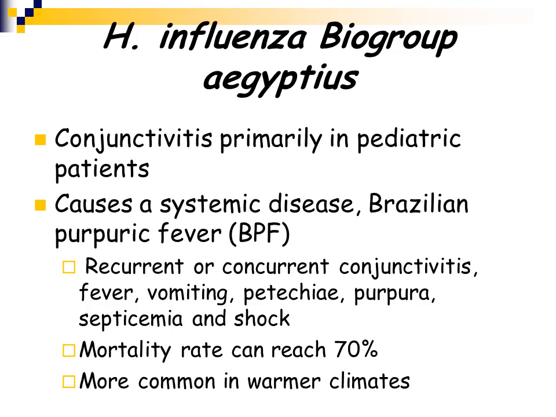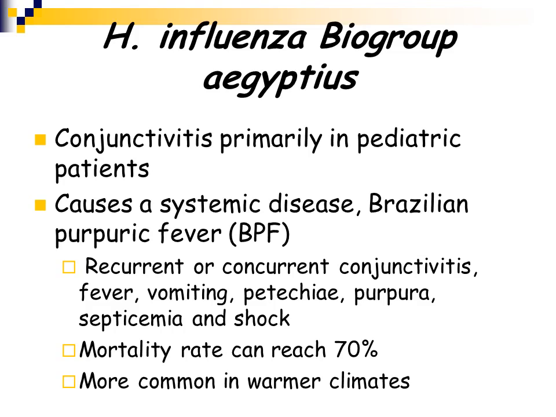Now, conjunctivitis caused by egyptius is predominantly in children, but this organism can cause a systemic disease called Brazilian purpuric fever, and this is a recurring conjunctivitis, and it can be a conjunctivitis that occurs along with a fever, vomiting, a rash or petechiae, can lead to septicemia, shock, and death.